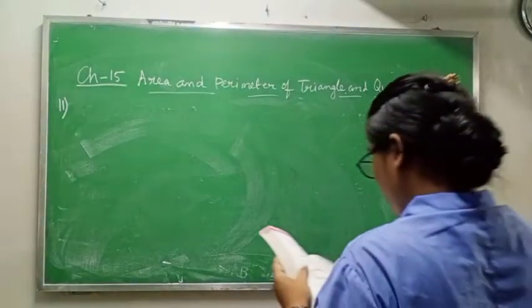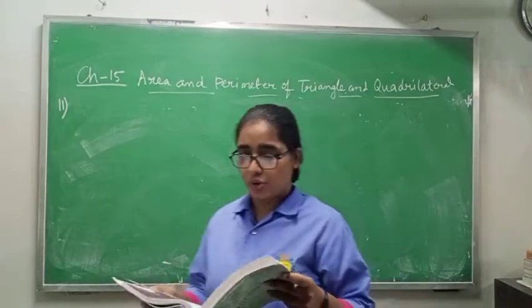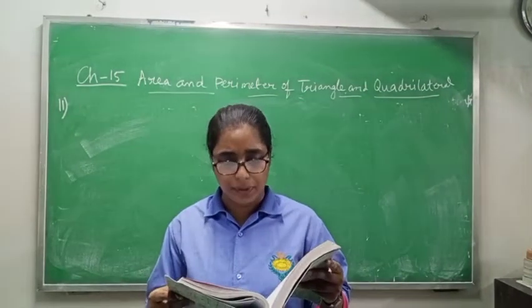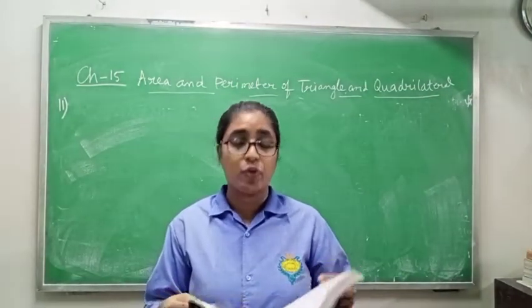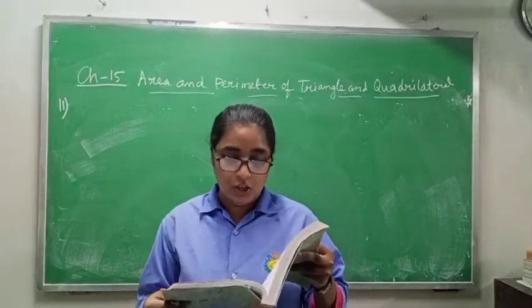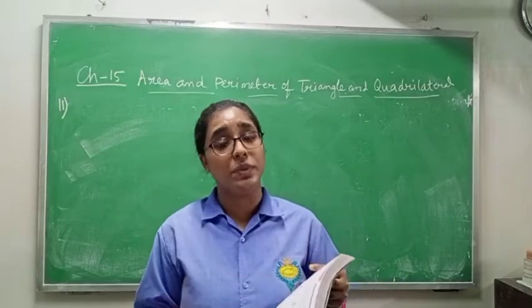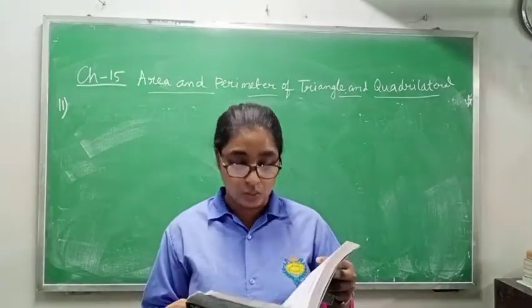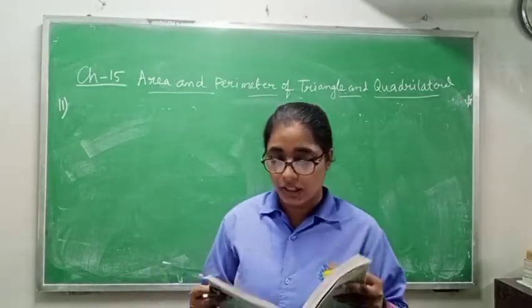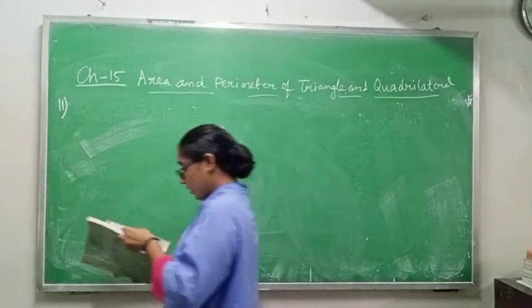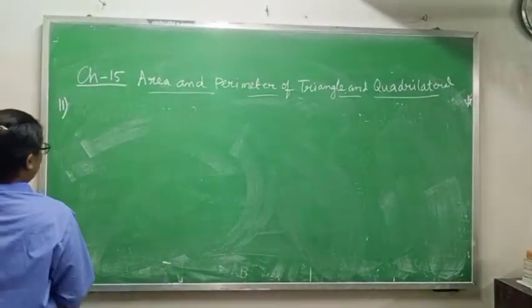Class 9C question number 11. Sujata will draw a rectangular picture on a paper with area 84 square centimeter. So in the first statement the first type is given: Sujata will draw a rectangular picture. Which type of picture? Rectangular picture on a paper with area 84 square centimeter.